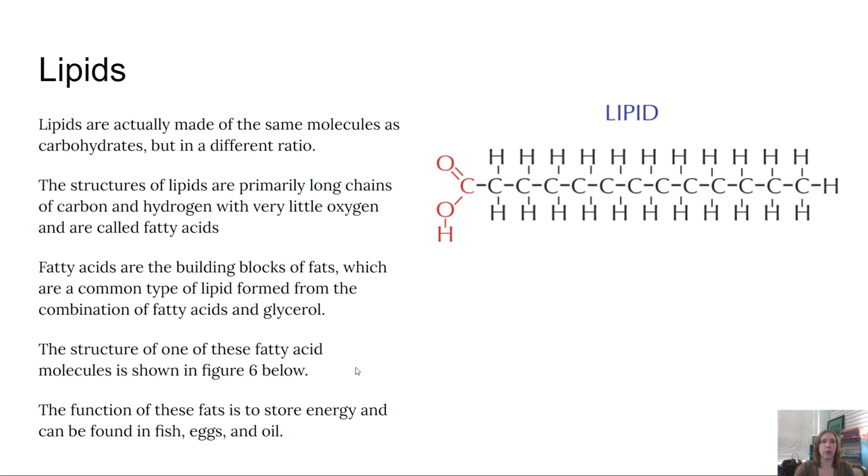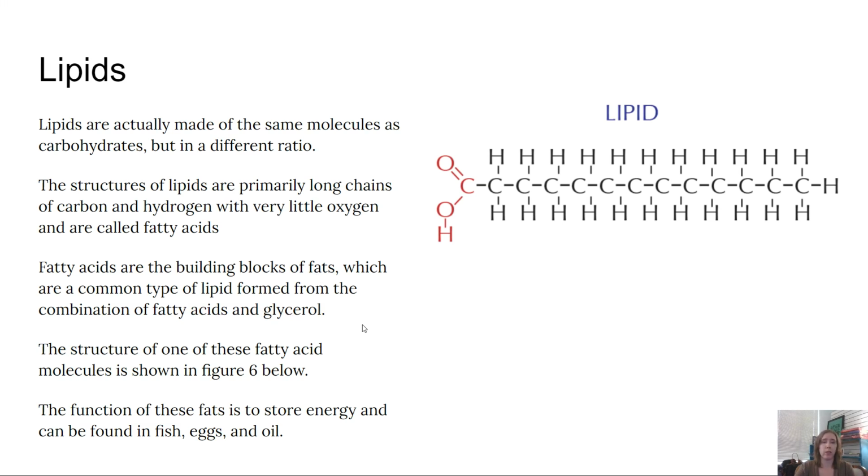Lipids are actually made of the same molecules as carbohydrates, but just in a different ratio. The structures of lipids are primarily long chains of carbon and hydrogen with very little oxygen, and they're called fatty acids. They're the building blocks of fats, which are a common type of lipid formed from the combination of fatty acids and glycerol.